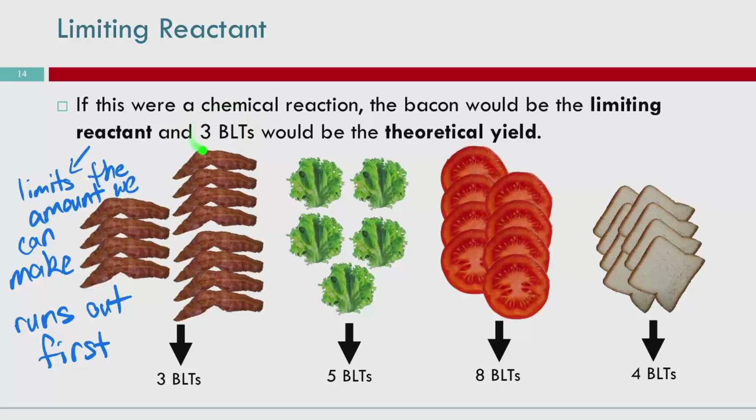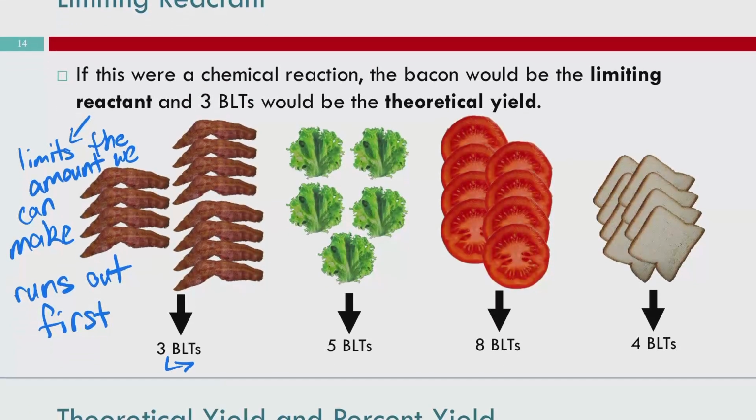The 3 BLTs that we could make, that's our theoretical yield. Our theoretical yield is the maximum amount we can make. And so this is going to be based on the limiting reactant, the one that runs out first.